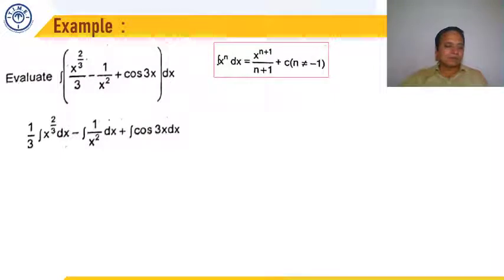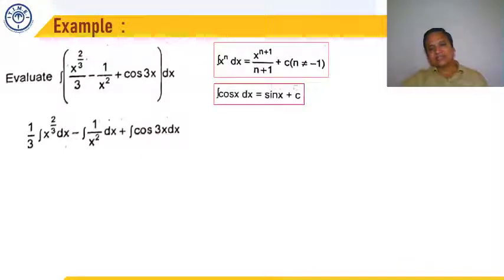Now we'll be using the formula: integral of x to the power n dx is x to the power n plus 1 divided by n plus 1, plus c. Only condition is power n should not be equal to minus 1. And also, cos x integral with respect to dx is sin x plus c.